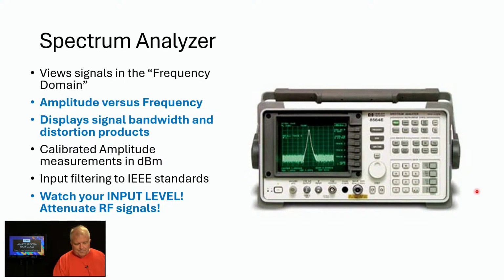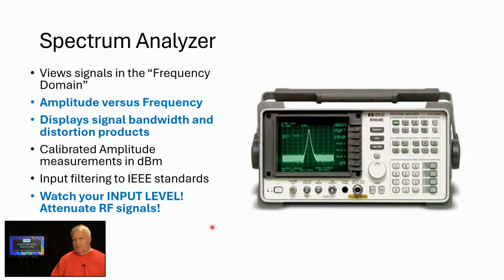So with any spectrum analyzer, here's the input to it. It's an N connector. You need to keep your input signal down below the maximum, and it's right there printed on it in yellow. The maximum signal level that you can bring in there is probably about plus 6 dBm. And you need to watch your input level and attenuate any RF signals.